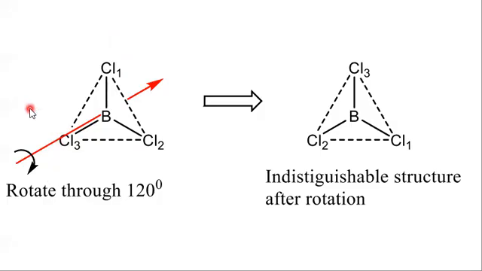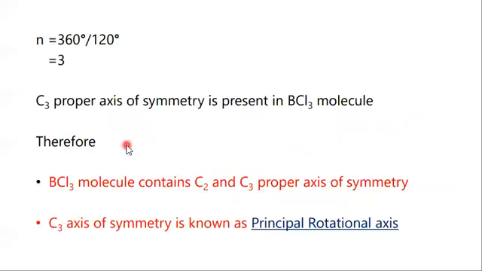If you want, you can rotate anti-clockwise also. Now you can see all the chlorine atoms have shifted, but both structures are still indistinguishable because all these are spheres. So we divide 360 degrees by 120 degrees and get 3.